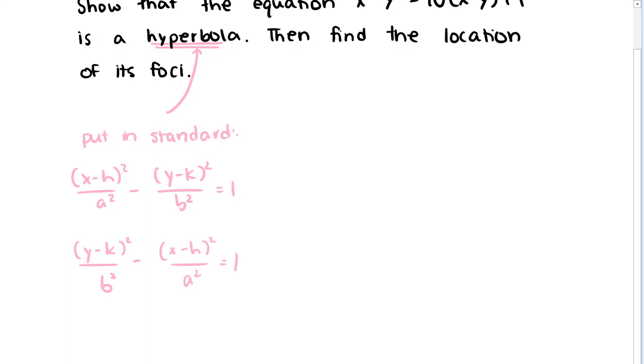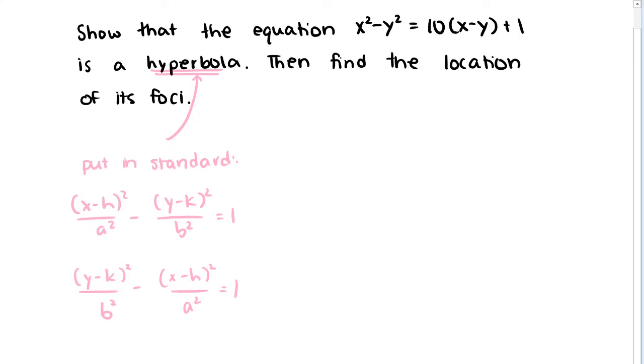If we could put our equation in either of these two forms, we'll have convinced ourselves that we're really dealing with a hyperbola. In each of these two equations, all of the x terms are underneath this square, and all of the y terms are underneath this square. Right? That's the case in both of these different equations.